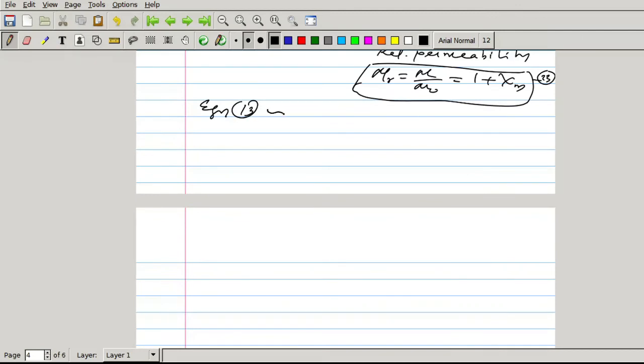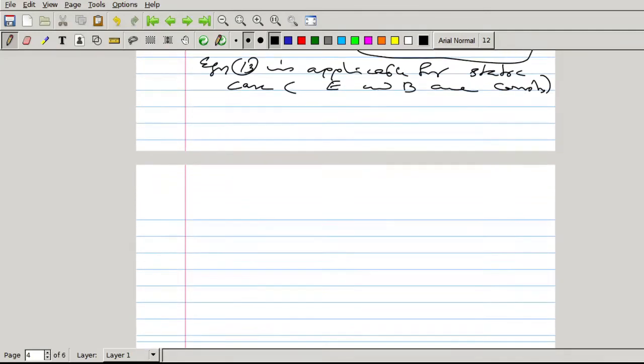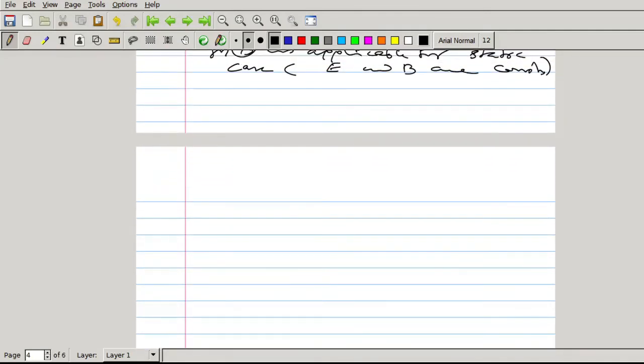That is, E and B are constant in time; there is no time varying electric field and no time varying magnetic field.